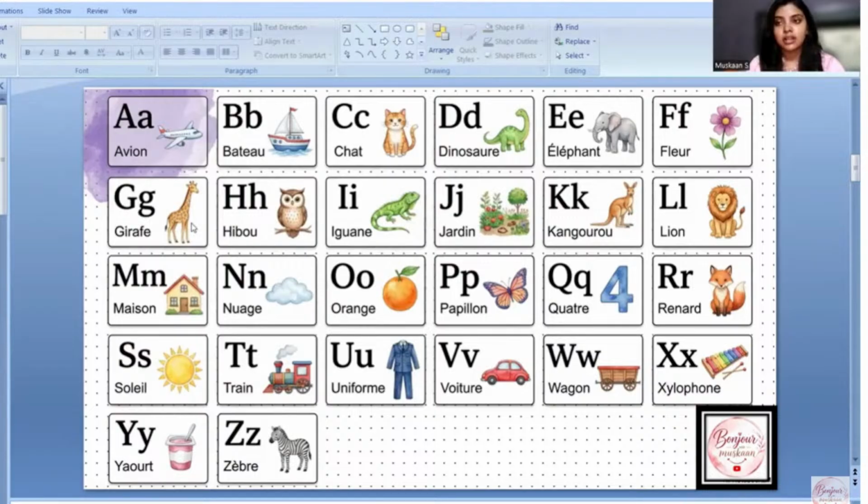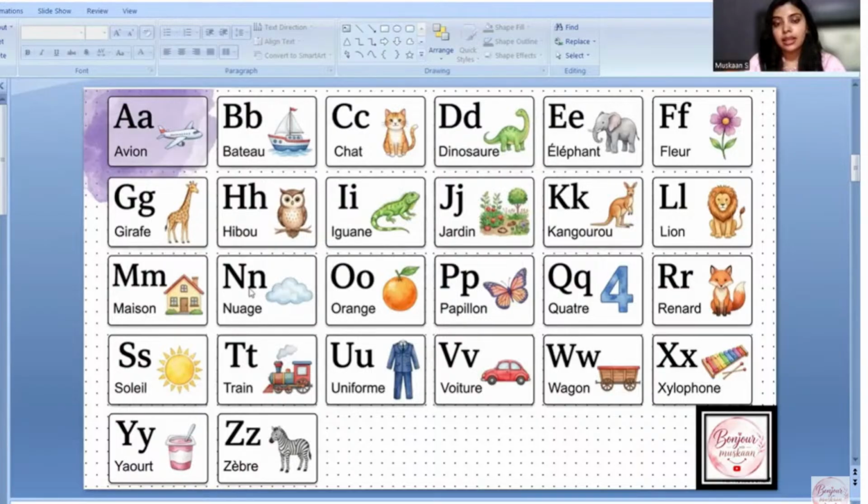Okay, now let's do the third one. M, maison. N, nuage. O, orange.